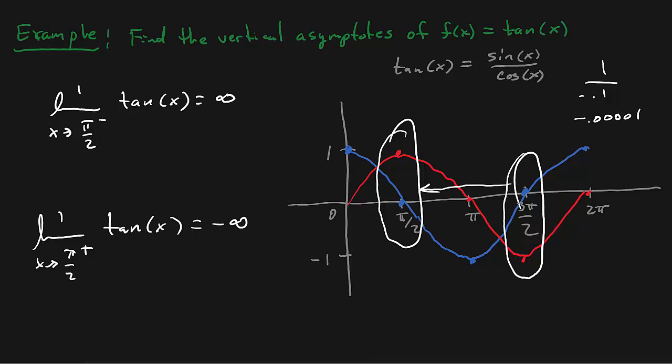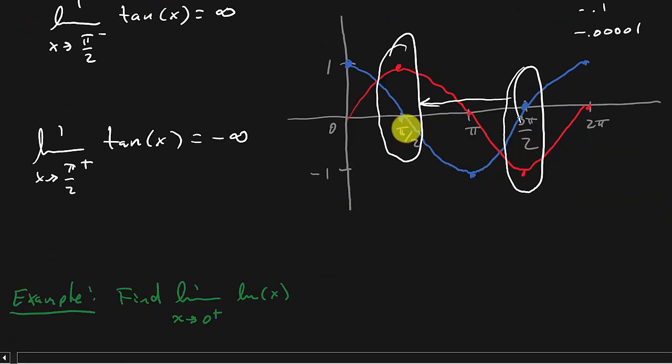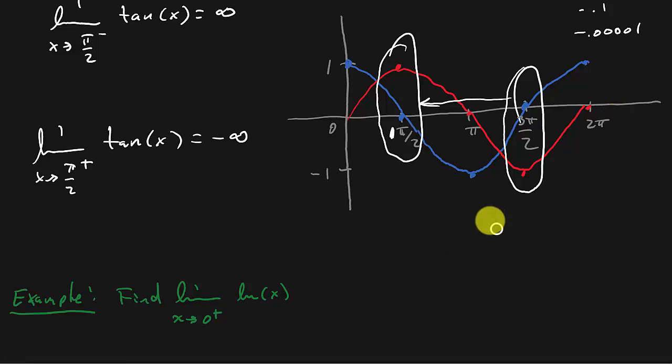So what would the vertical asymptotes of tangent x be? Well, it looks like it's at pi over 2, 3 pi over 2, 5 pi over 2, 7 pi over 2, negative pi over 2, negative 3 pi over 2.